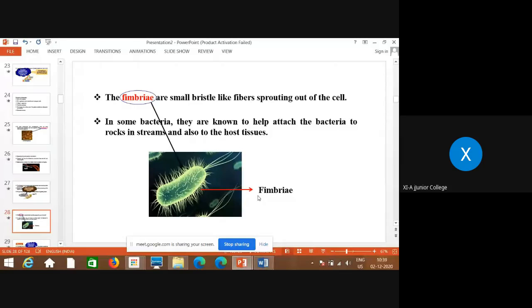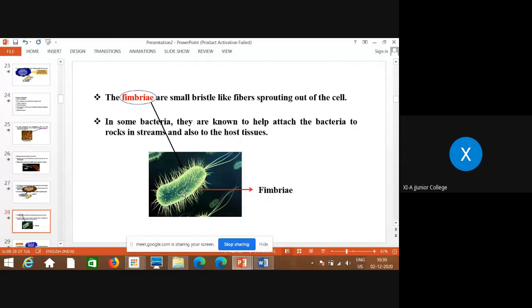I am telling you this because these are all parts, or organelles, of the prokaryotic cell. Most bacteria, different types of bacteria, show all these different parts. That's why I'm showing you right now. In some bacteria they are known to help attach the bacteria to rocks in streams and also to the host tissue.